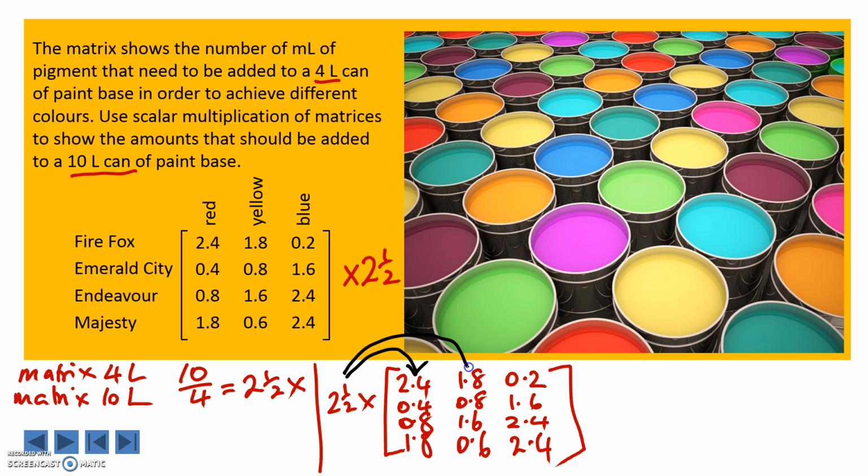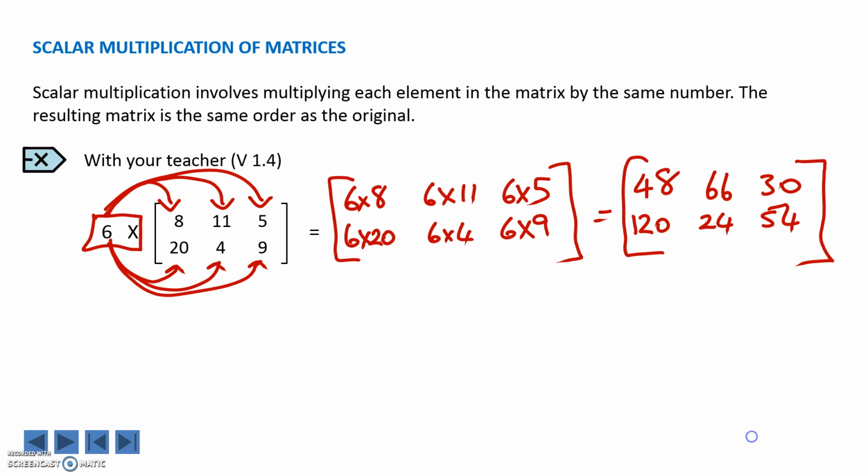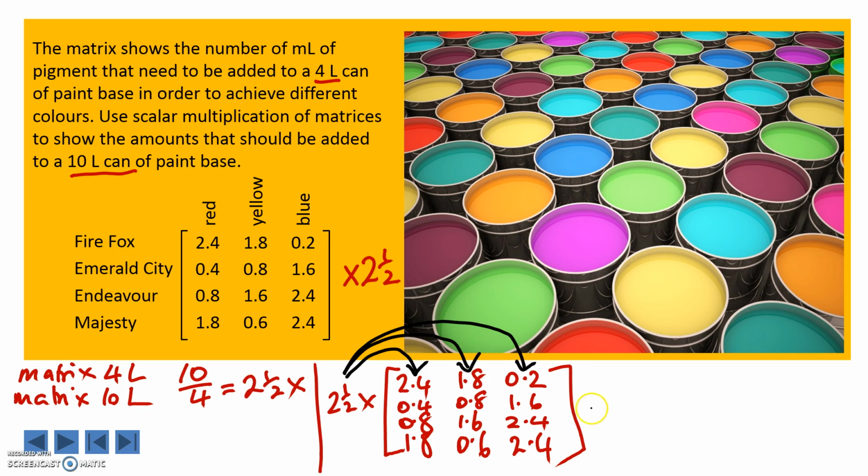Individually, the 2.5 multiplies by everything in the first row first, and I'm not going to have enough space to show this working column like I did in the last one. So I'm just going to put the answers straight in. 2.5 by 2.4 equals 6. 2.5 by 1.8 equals 4.5. And 2.5 by 0.2 equals 0.5.